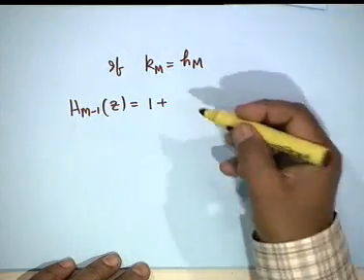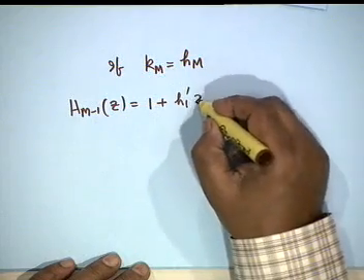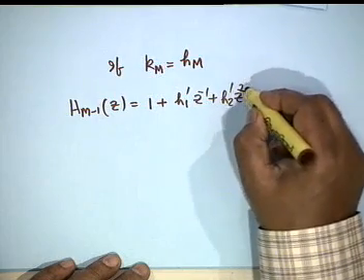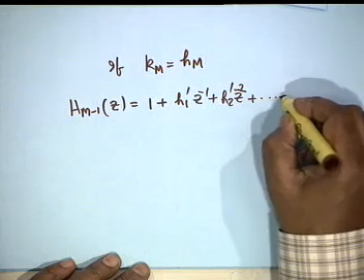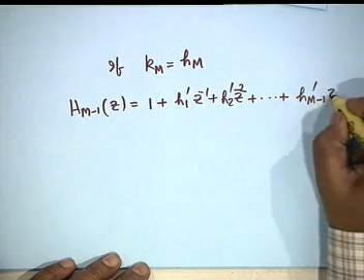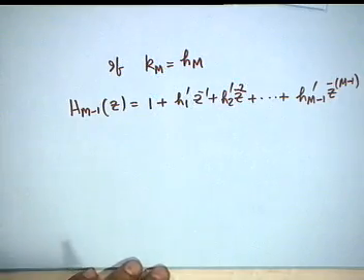1 plus, let us call the other coefficients by a prime, h1 prime z inverse plus h2 prime z to the minus 2 plus etc. plus h m minus 1 prime z to the minus m minus 1. Agreed?